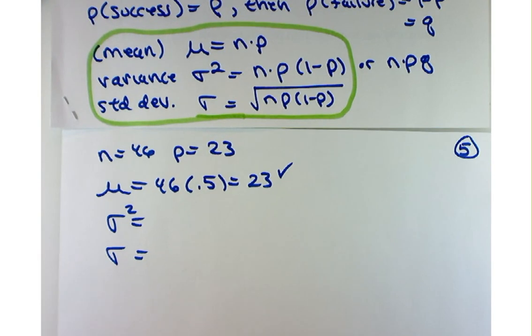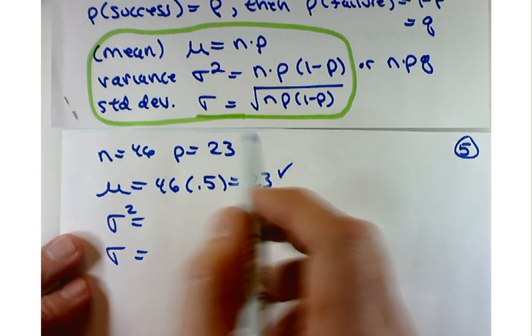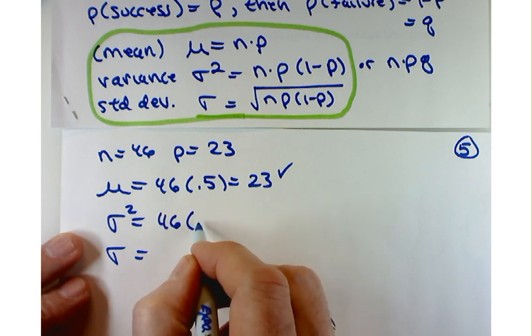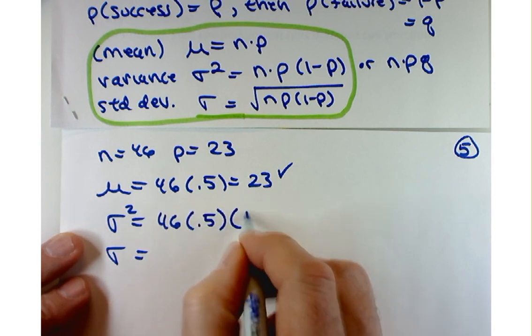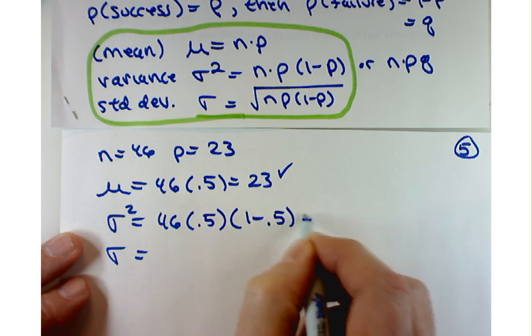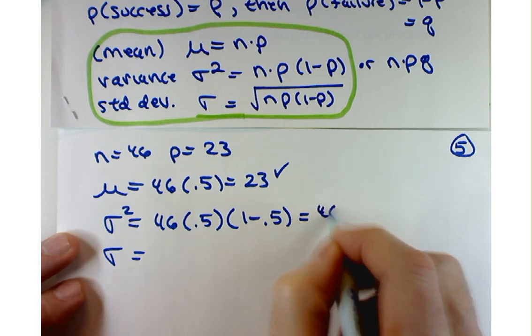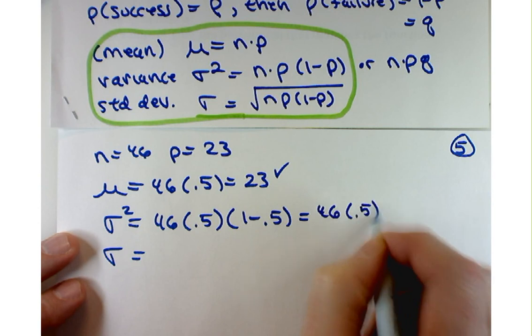How about the standard deviation? Well, that's n, which is 46, times p, which is 0.5, times 1 minus 0.5. Wait, that's the variance, right? The variance, should say. Yeah, thank you. So that's 46 times 0.5 times 0.5 again.